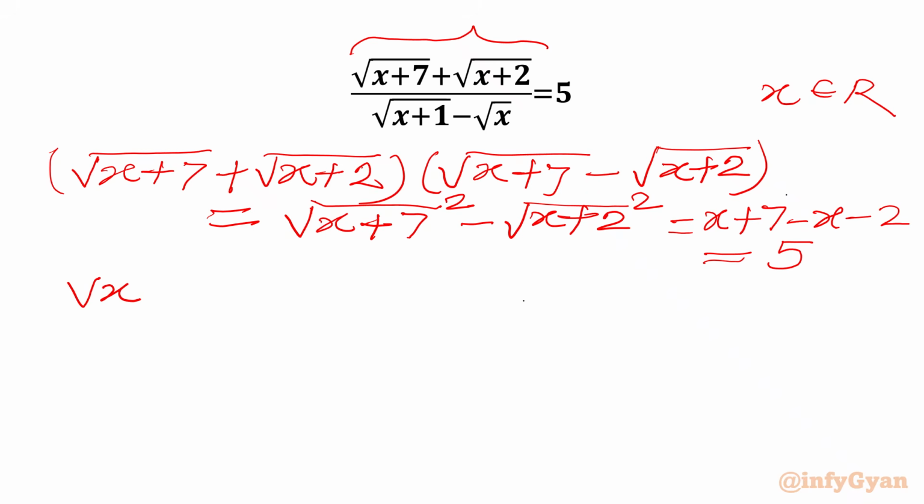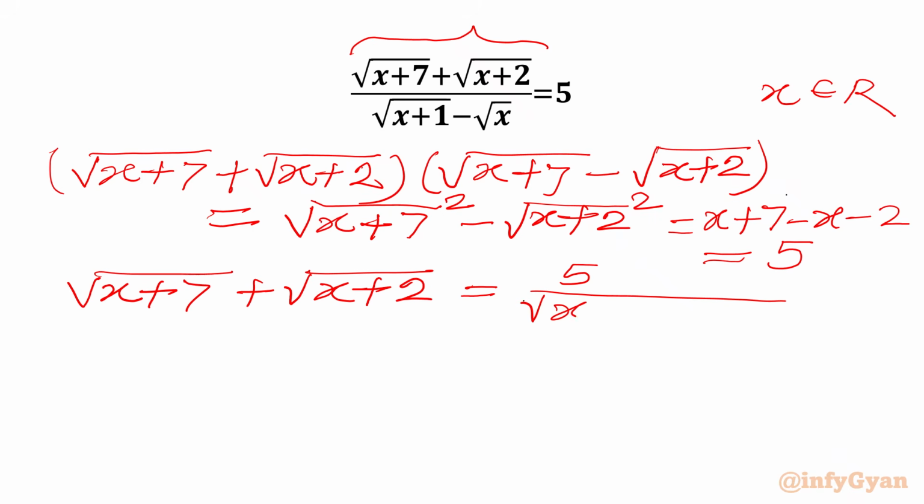Let's write √(x+7) + √(x+2) will be equal to 5 over √(x+7) − √(x+2).